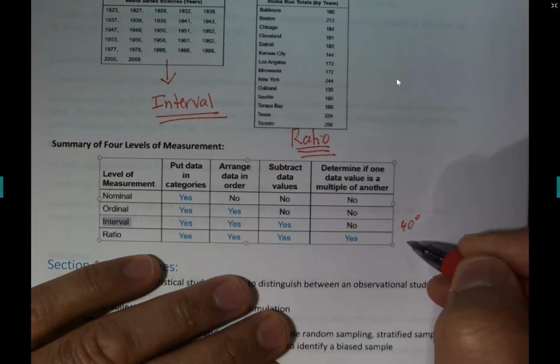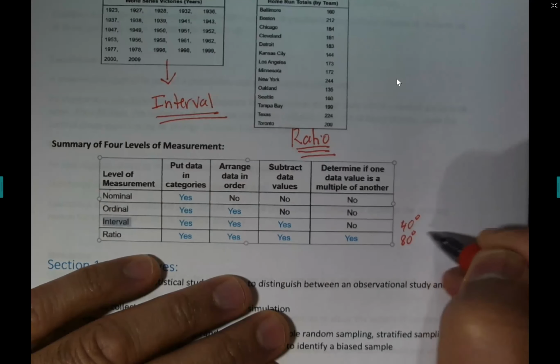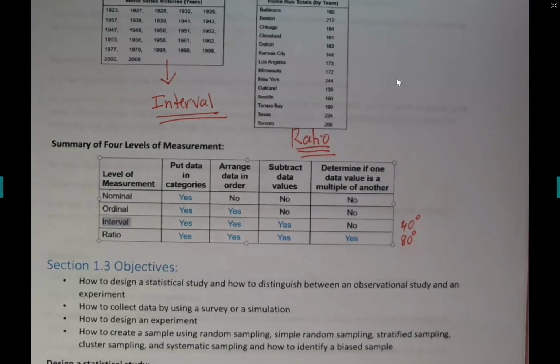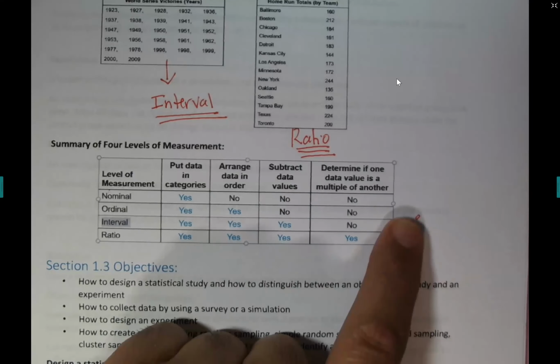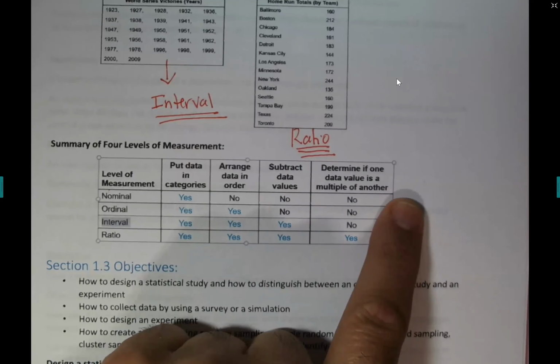And let's say the temperature in Las Vegas is 80 degrees. Let me ask you this question. Does it make sense that you can say that 80 degrees is twice as warm as 40 degrees? No, it doesn't. It's temperature. You're comparing hot with cold, guys. You cannot say that with temperature.